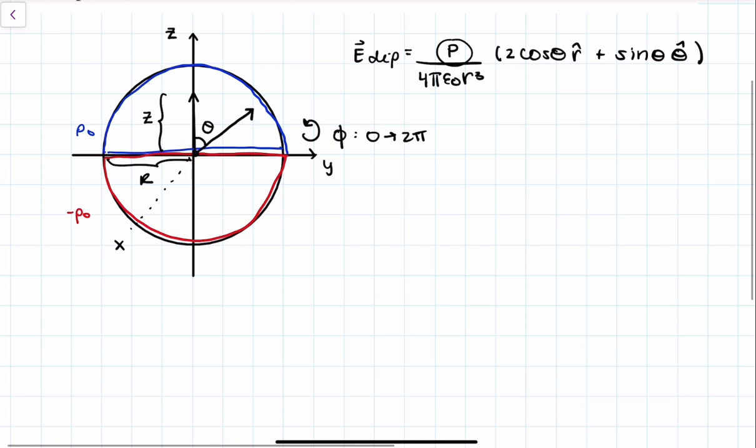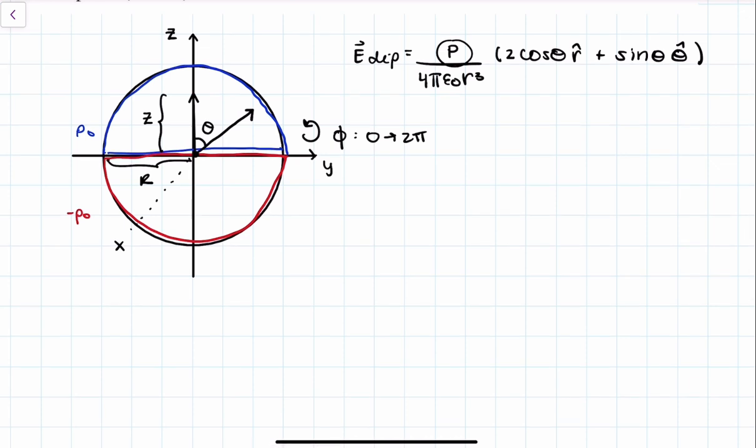Alright, so to find what the dipole moment is, we know due to symmetry it will be in the z direction. So we can just do the integral of z times the charge density, and it is a volume integral.